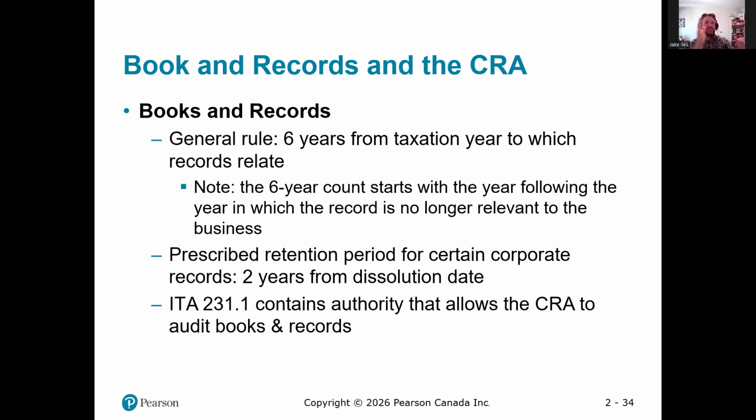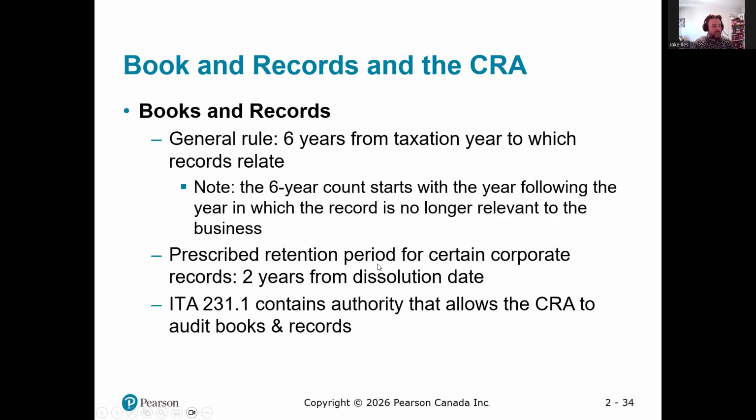So 3 years plus 3 years, as long as you filed your tax return reasonably, the CRA only has a maximum of 6 years from that time to do anything about it, to audit you, to ask for additional information. So hang on to your stuff for 7 years just to be safe, but 6 years is the official rule.